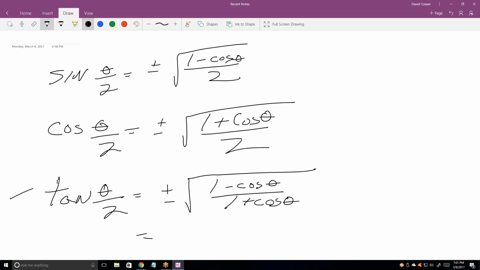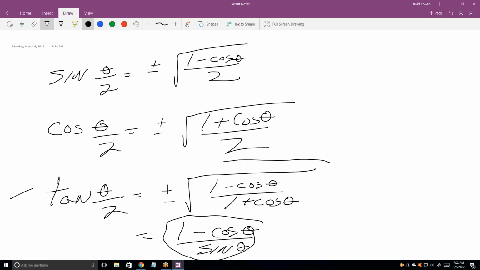Now, I did notice that my book did list the one that you had talked about, which is this one. And that might actually look simpler, but believe it or not, it's harder because I've got to know what both cosine and sine are to do this one. Whereas to do this one, all I got to know is cosine.